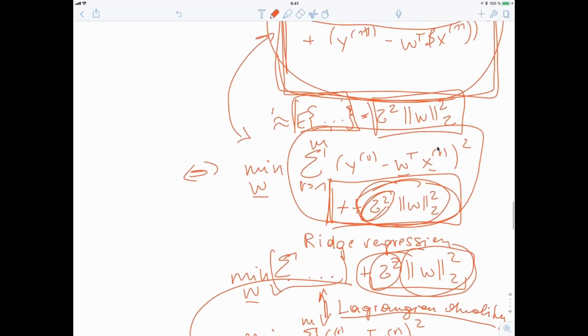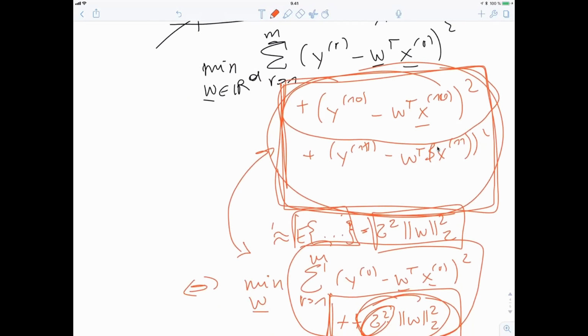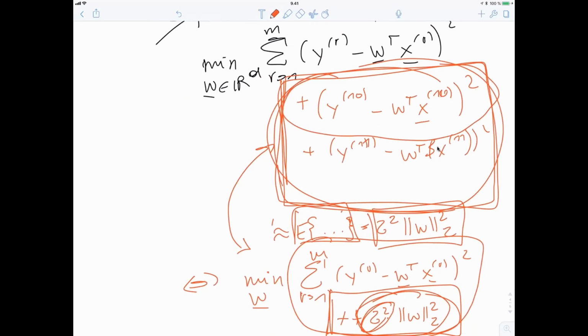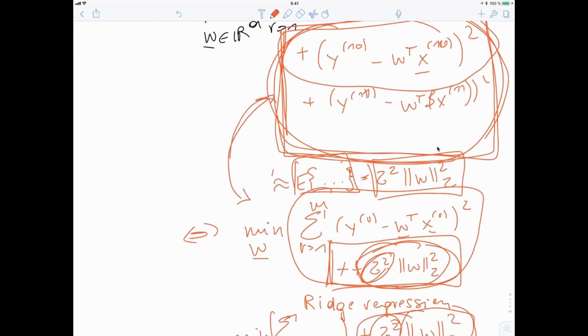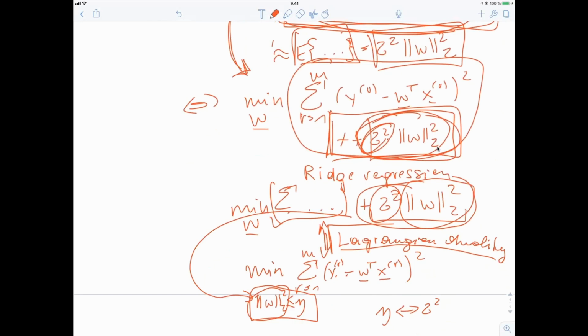Okay, so now I have shown you basically three equivalent ways to regularize linear regression. One is by adding more perturbed data points, data augmentation, which is equivalent in the limit of using many perturbations to adding the penalty term in ridge regression, which via Lagrangian duality is equivalent to pruning the hypothesis space to make the model smaller.